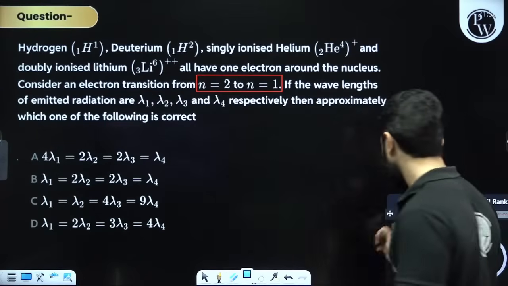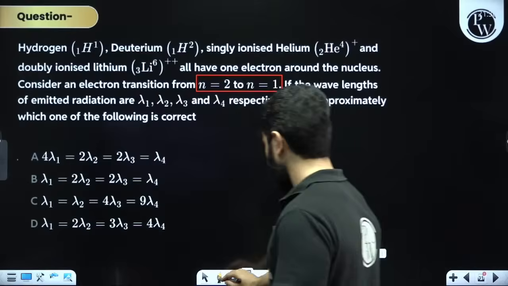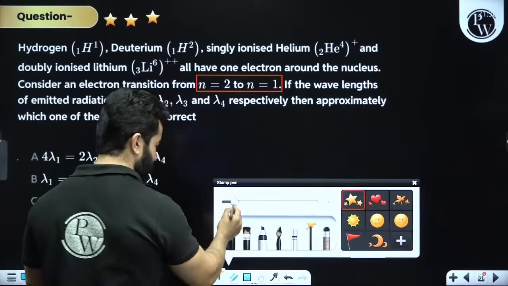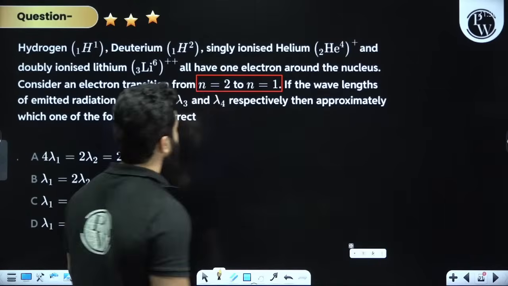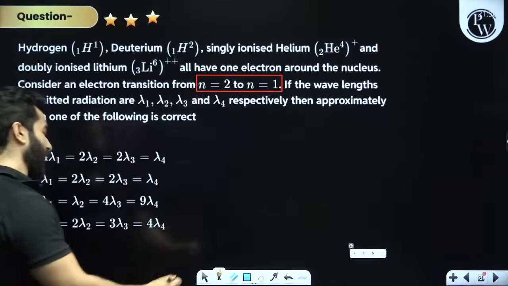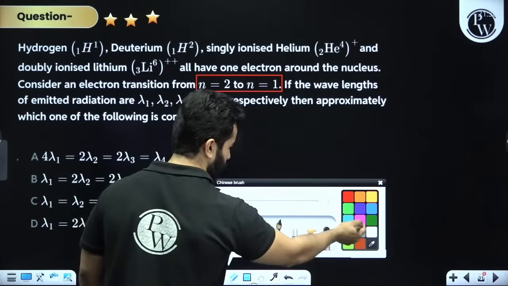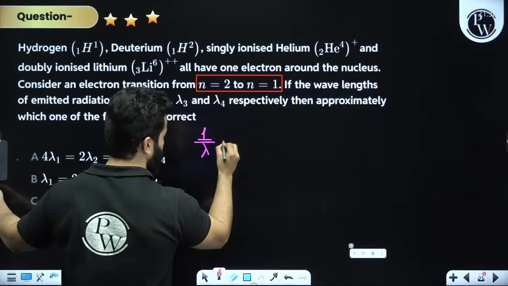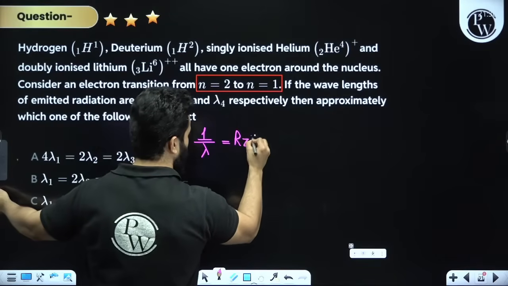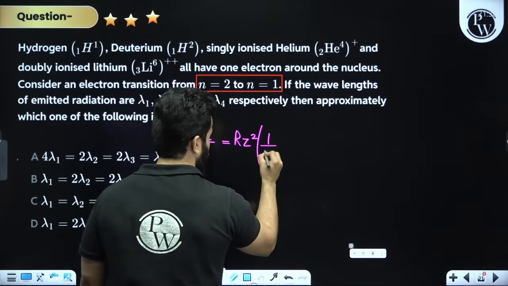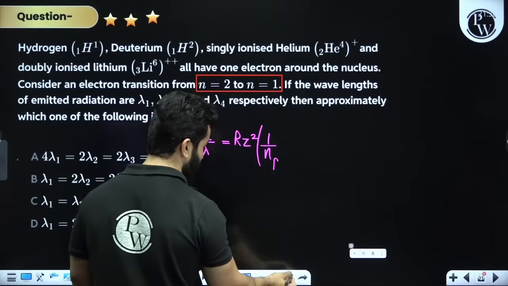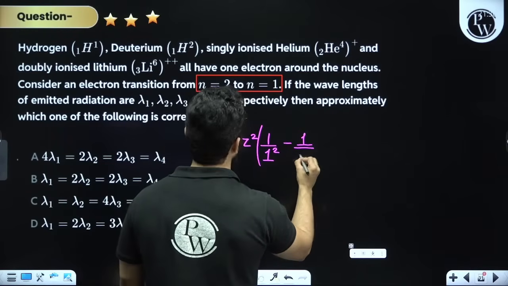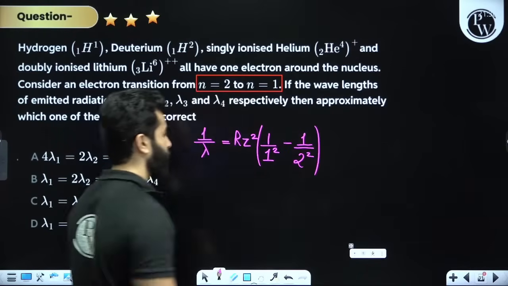Time's up. See, this is a nice problem. Pay attention. The point is, if you want to write down lambda for anything, the general formula goes something like this: 1 upon wavelength is equal to R into Z square into (1 upon n final square minus 1 upon n initial square), and in this case that's 1 minus 1 upon square of 2.